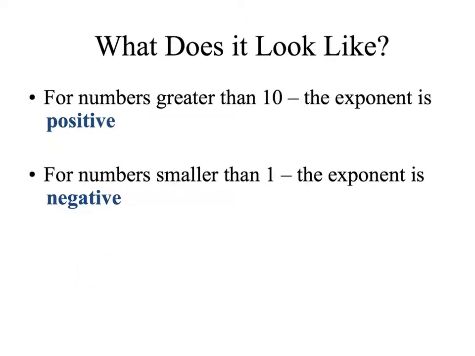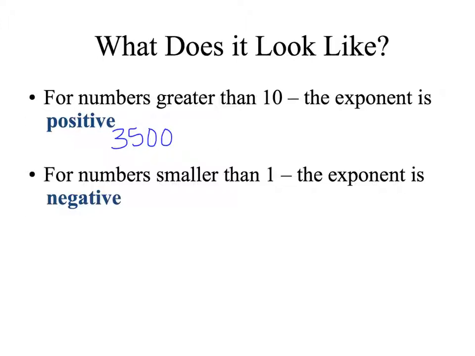So what do those exponents mean? Well, standard notation is writing a number like 4,000. If a number in standard notation is larger than 10, the exponent's going to be a positive number. An example of this is if I had the number 3,500. So 3,500 is my number in standard notation. If I want to put it into scientific notation, I'm going to have to write it as a coefficient between 1 and 10 times 10 to a power, and that power is equal to basically how many places I move the decimal.